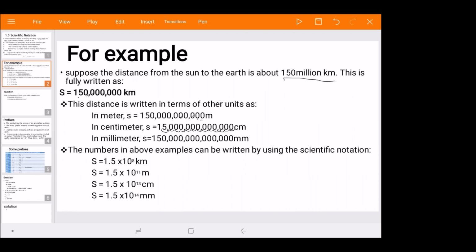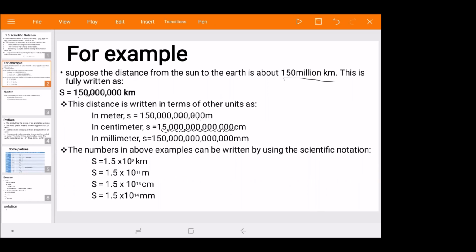What must you remember in this case again? Before the decimal point, you have one digit, only one digit. When you write by scientific notation, you must take one digit before the decimal point.